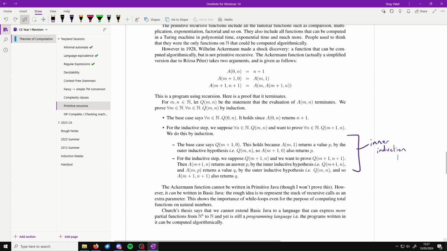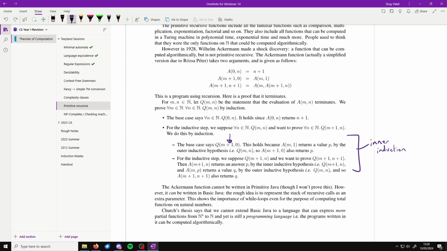So I think we're assuming that for this outside function, we're assuming that this is true when we're then going into the inner hypothesis. So we can suppose that it terminates for m plus 1, 0, because we've proved that it terminates for 0 something.